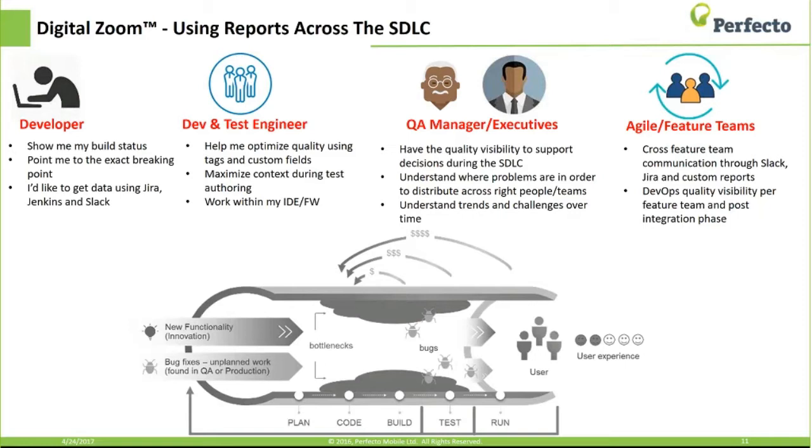So when we achieve better velocity and when we get an optimized user experience, as we deploy to production only high quality code, that has also an impact on the ROI. So the investment here is really to establish a process that provides better visibility to teams across the SDLC.